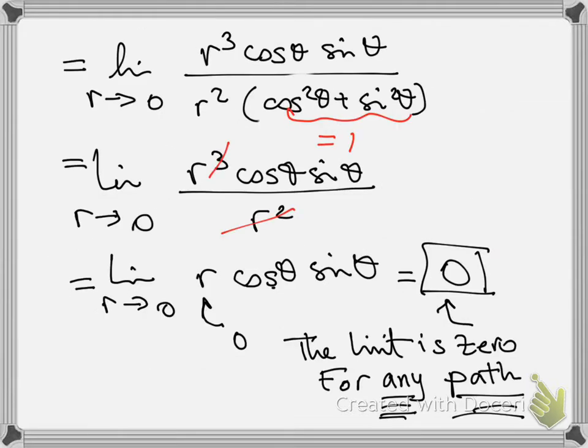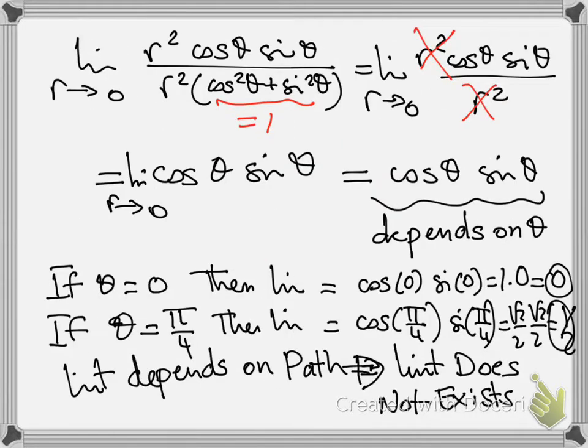In the previous example, we got r cosine theta sine theta. Because r goes to 0, you replace r by 0, and 0 times cosine times sine is always 0. It doesn't matter what theta is. Here, there's no r, so the limit is cosine theta sine theta, and this depends on the angle theta. If you pick a different theta, you get a different limit, so the limit does not exist.